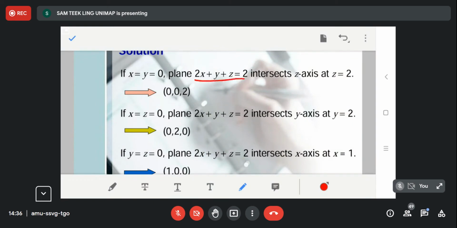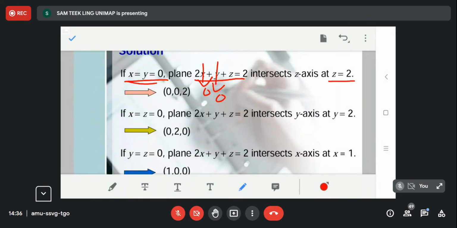This is the surface. You copy only. So first one, we let our x and y equal 0. So my x equals 0, my y equals 0, so my z I solve equals 2.